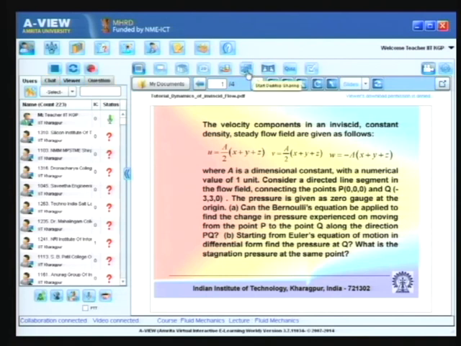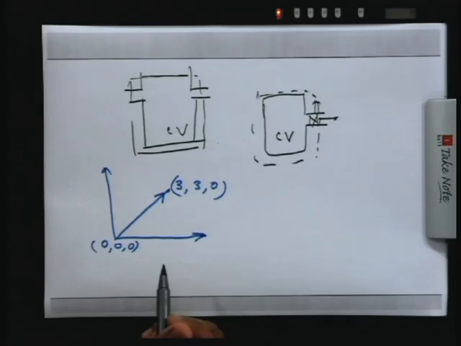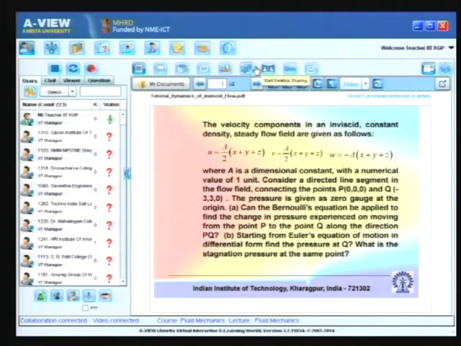It is given that the pressure is 0 gauge at the origin. So, the first question is, can the Bernoulli's equation be applied to find the change in pressure experienced on moving from point P to Q along the direction PQ.